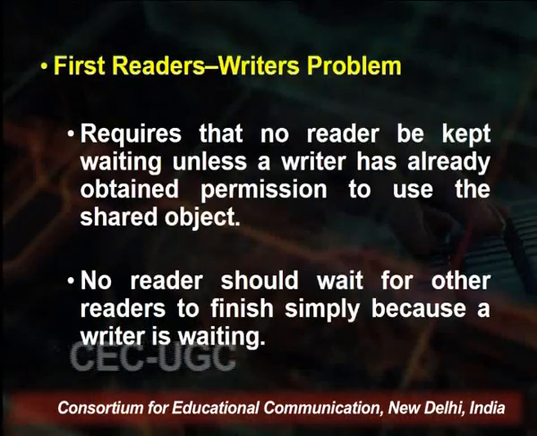Till this point we have understood what the readers writers problem is, but it also has variations depending upon the priorities. What could be the variations? We may have the first readers writers problem, which requires that no reader should be kept waiting unless a writer has already obtained permission to use the shared object.